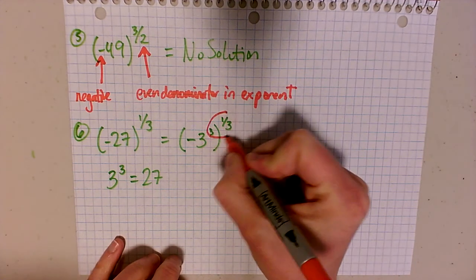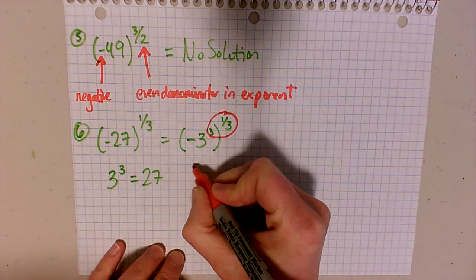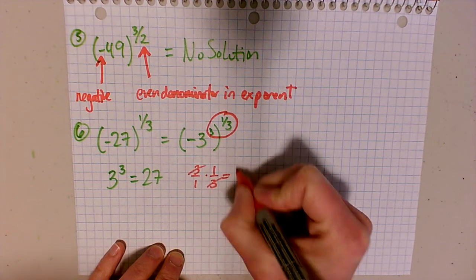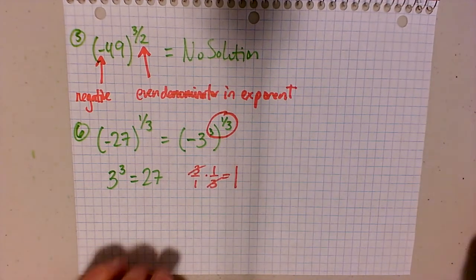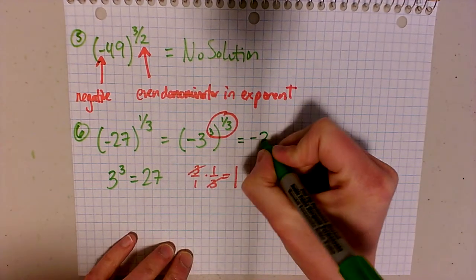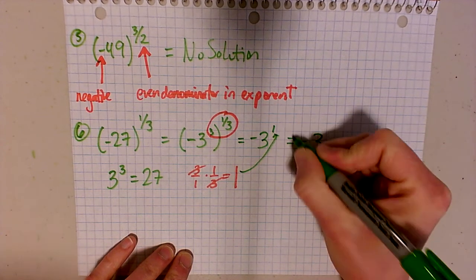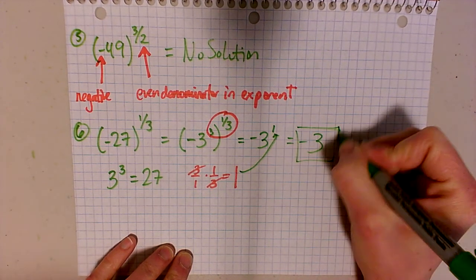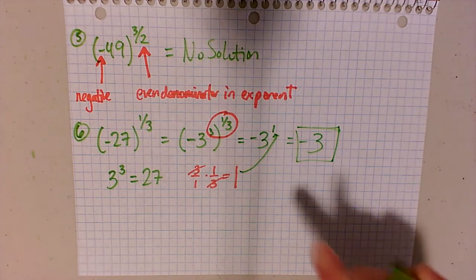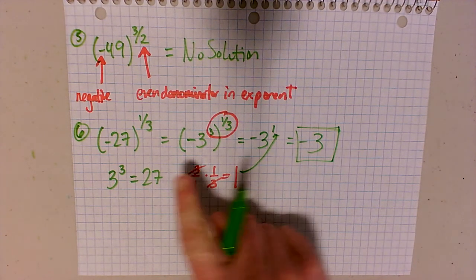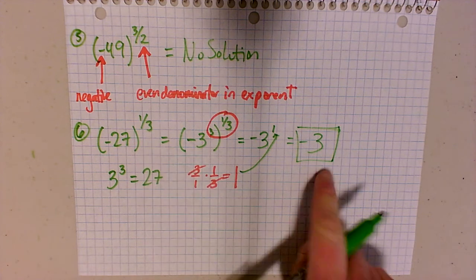And then if you just multiply those exponents, 3 over 1 times 1 over 3, those cancel, and you get a 1. So your answer is negative 3 raised to the 1, which is just negative 3.